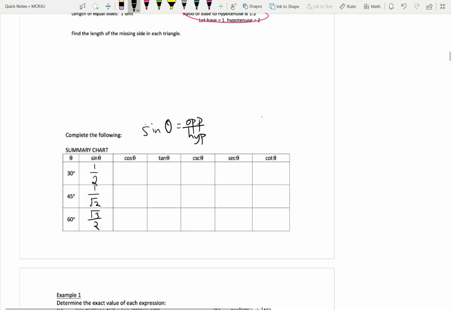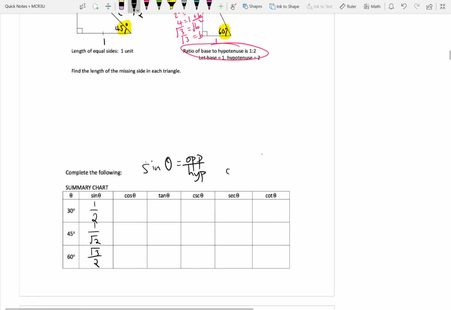Now, using cosine and tan, the technique is pretty much the same thing. We know that cos is adjacent over hypotenuse and tan is opposite over adjacent.